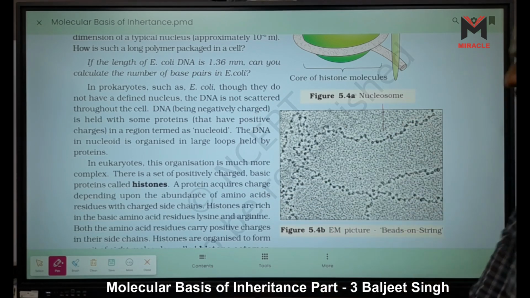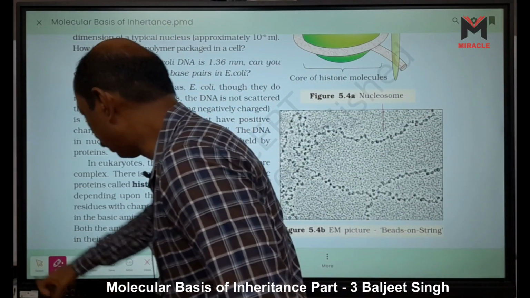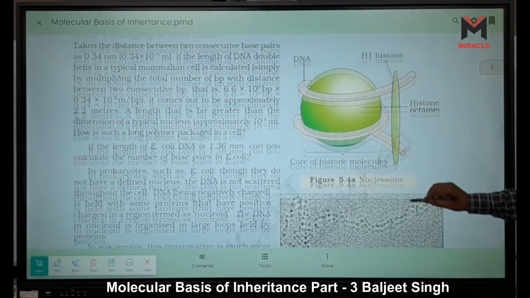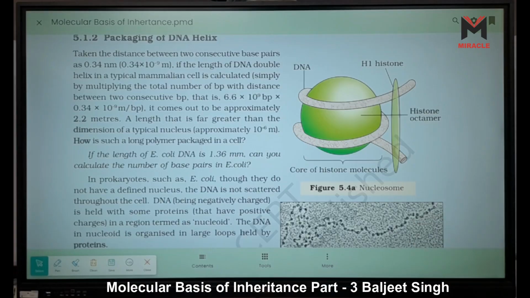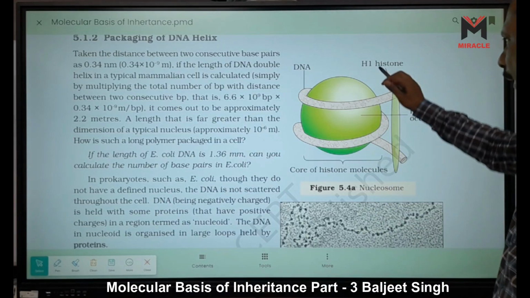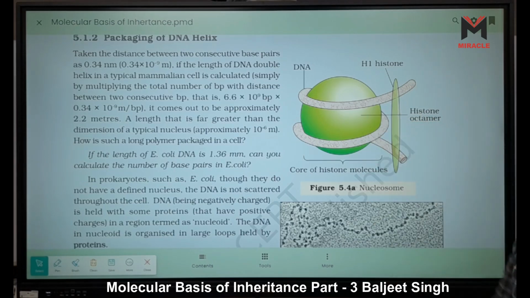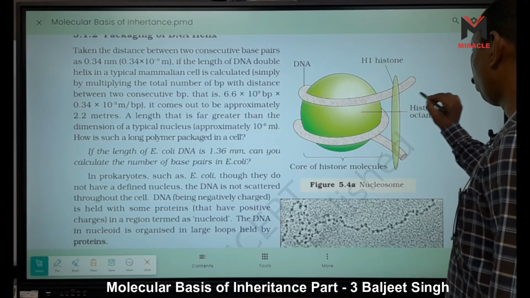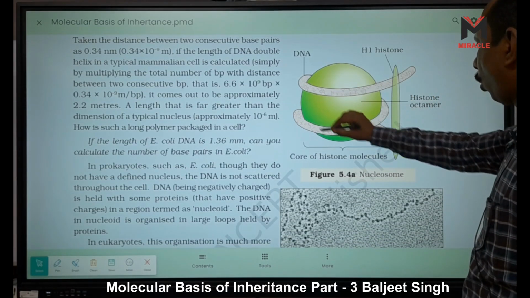Now, first you see this structure, this is the structure of a nucleosome. A nucleosome contains the DNA helix, the H1 protein, and the histone octamer, right? Here, this one is the H1 histone, and this octamer means what?